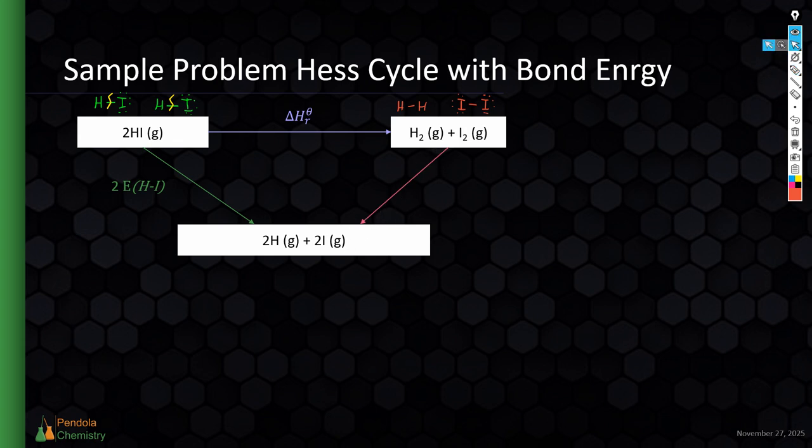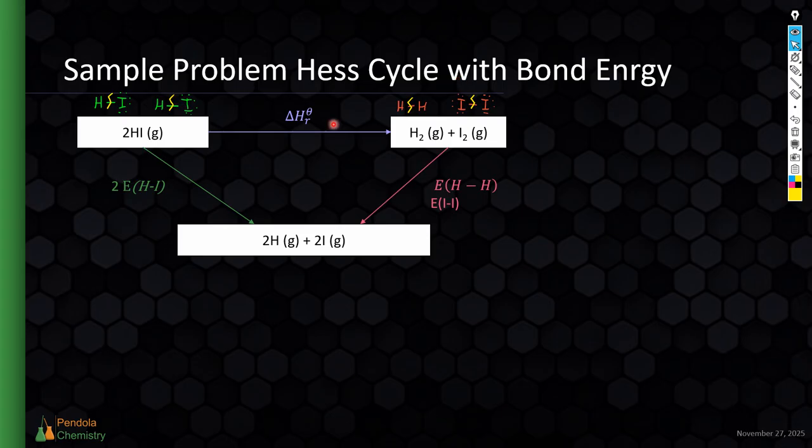We're going to need the bond energy of the HH bond and the bond energy of the II bond. Why? Because when we look at breaking this, we're breaking the HH bond in the H2 molecule, and we're breaking one II bond in the I2 molecule. So it's the bond energy for HH plus the bond energy for II.